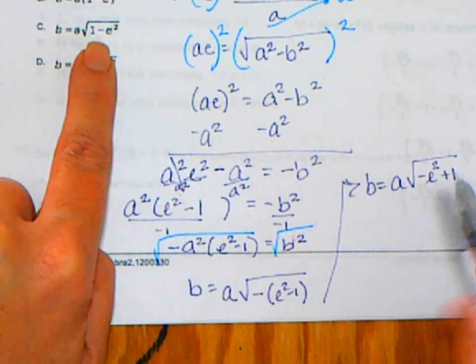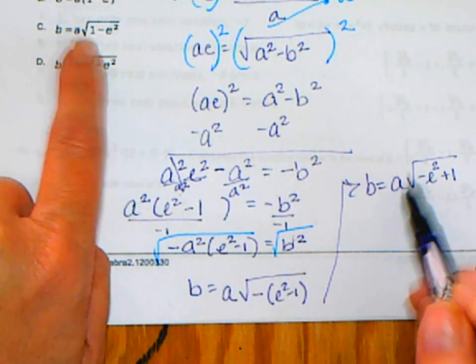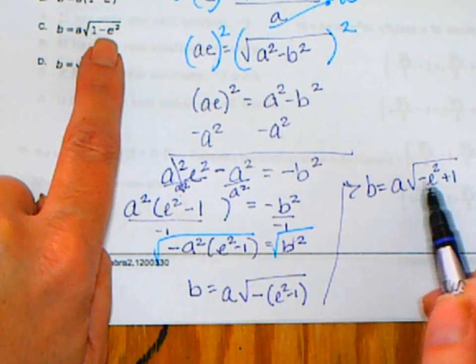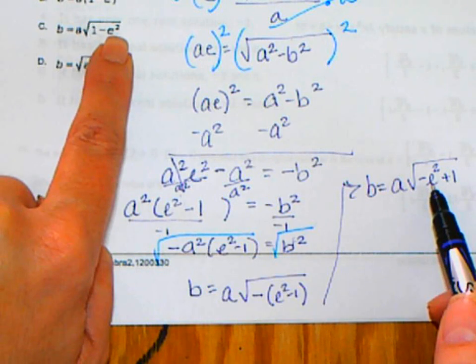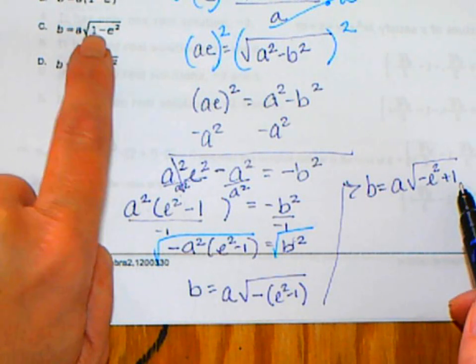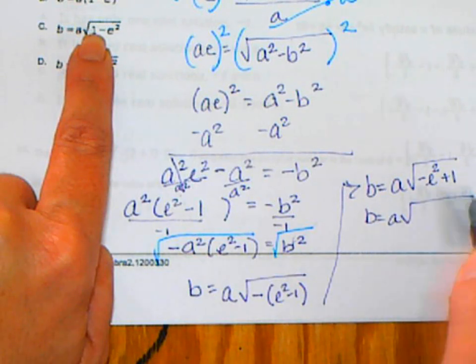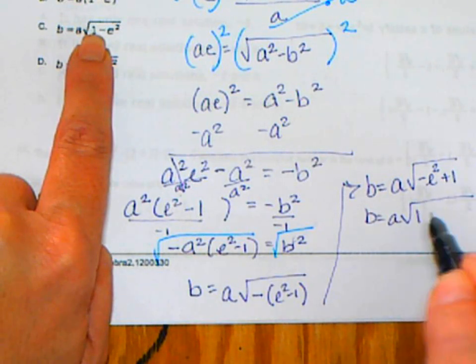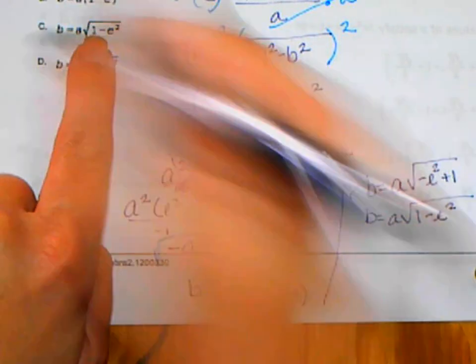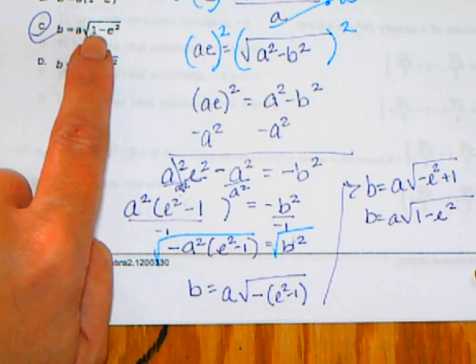C. Right? We have b equals a, same thing, square root. I have e squared as negative, do they? Yeah. I have 1 is positive, do they? Yeah, they just wrote it because they don't like leading coefficients that are negative, and since 1 was positive, they wrote the 1 first minus e squared. So it's the same thing as C.